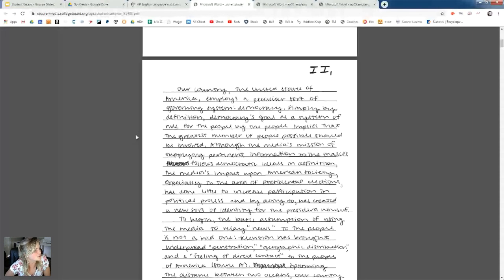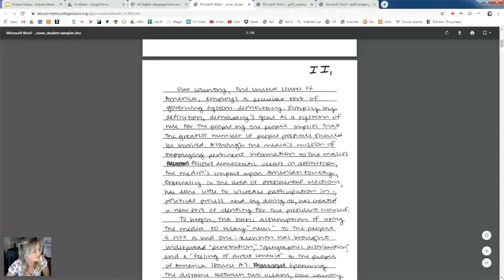Although the media's mission of supporting pertinent information to the masses follows democratic ideas and definition, the media's input upon America's society, especially in the area of presidential elections, has done little to increase participation in the political process, and by doing so has created a new sort of identity for the president himself.